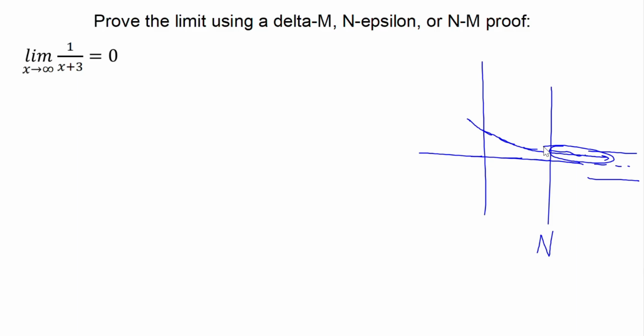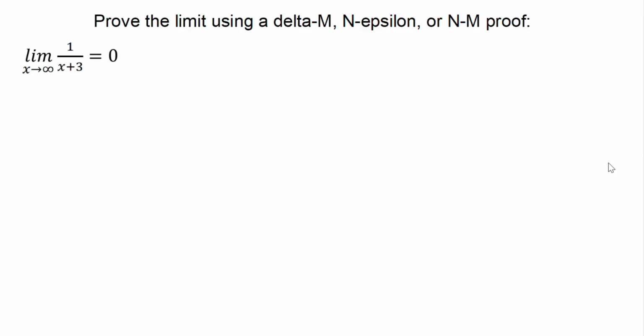Right? And so it's very similar to how we were doing the original delta epsilon limits, except that we're not approaching from both sides. We're saying once we get past a certain point, once we get past this n, the function always sits between those horizontal lines, rather than as we approach from both sides, it's always between those lines. And because now we're not approaching from both sides, we're just approaching infinity.